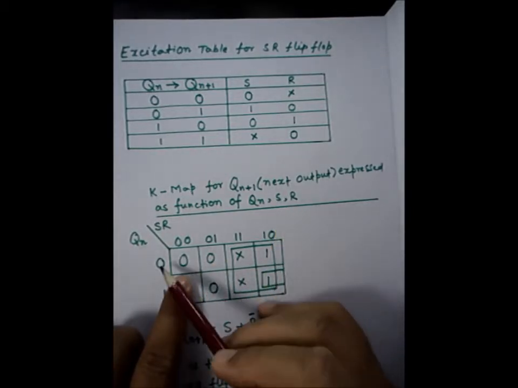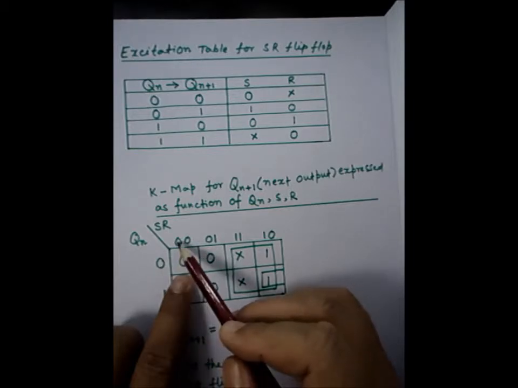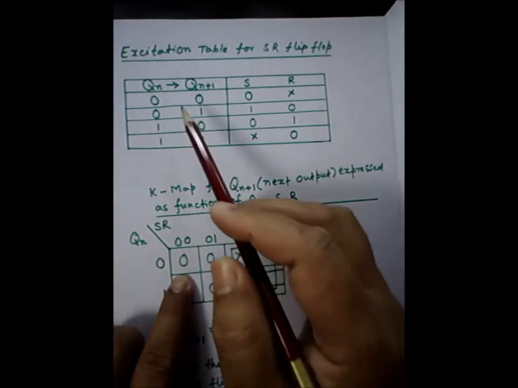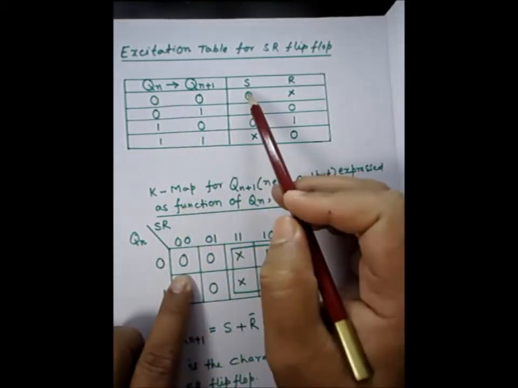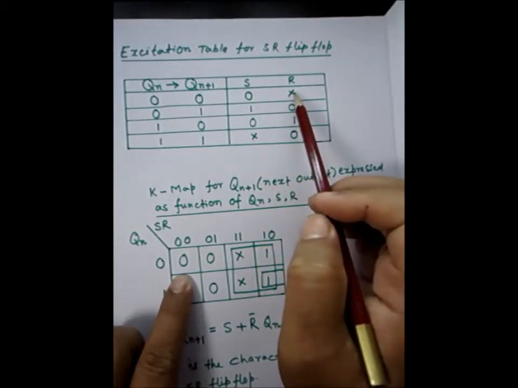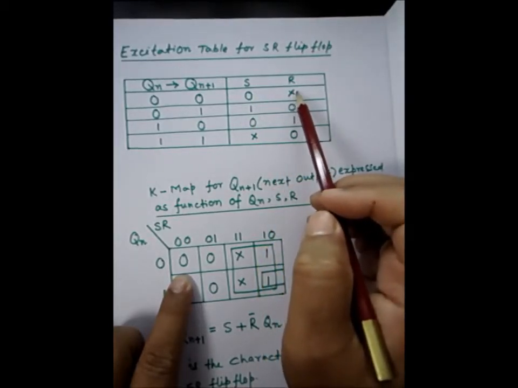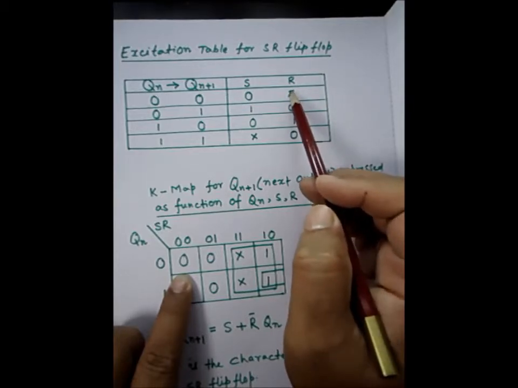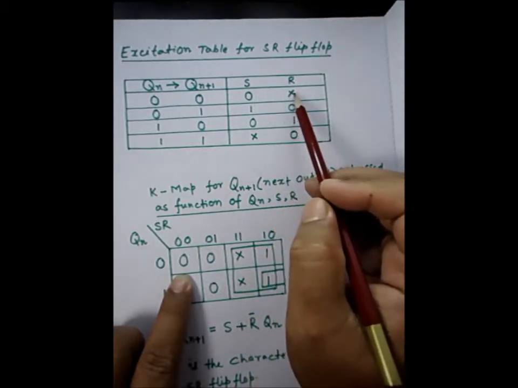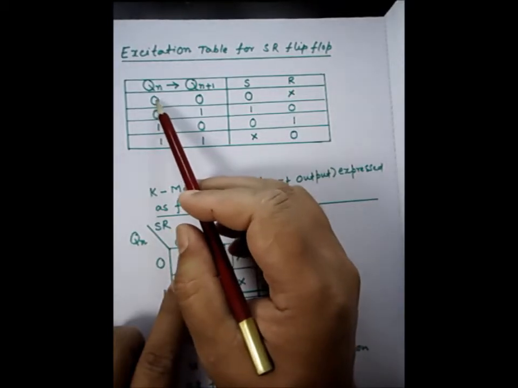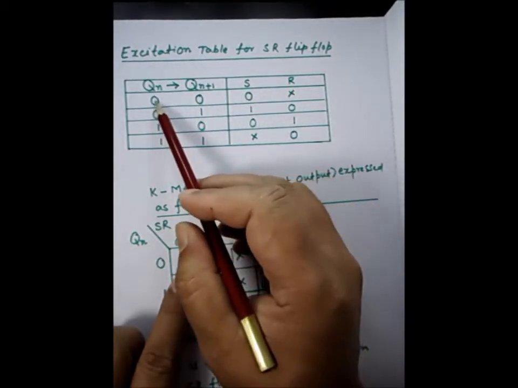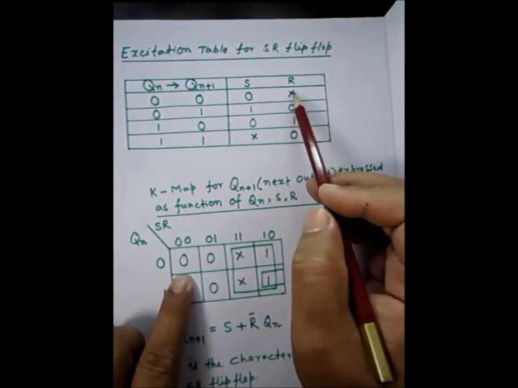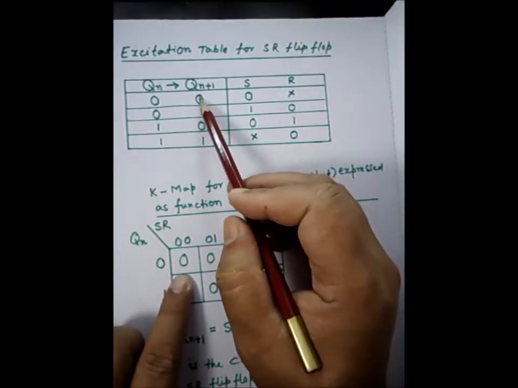You can see Qn 0, S equal to 0, R equal to 0. Already I said the X indicates 0 and 1 both, so 0 is also included here. Again I repeat, Qn equal to 0, S equal to 0, and R equal to 0, Qn plus 1 equal to 0.